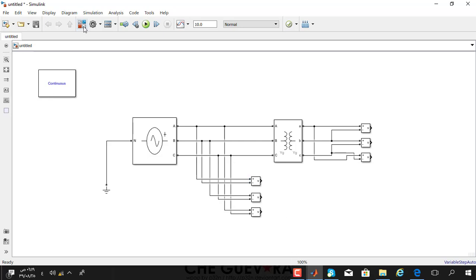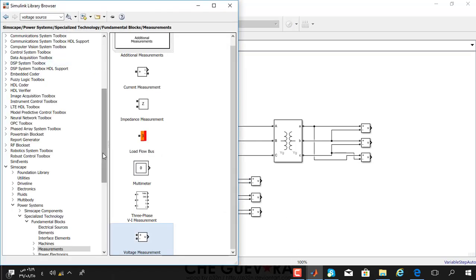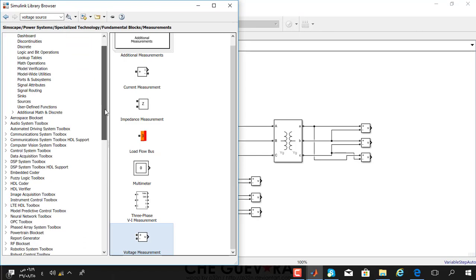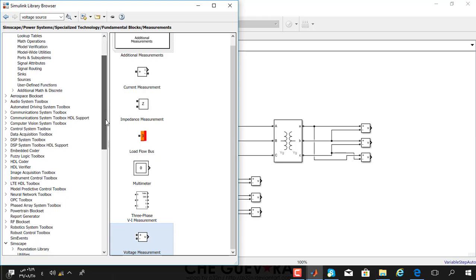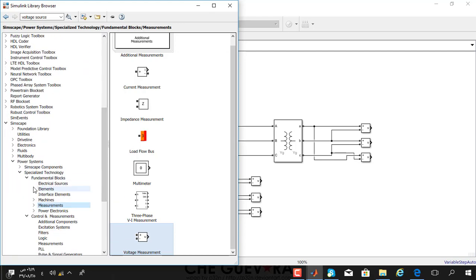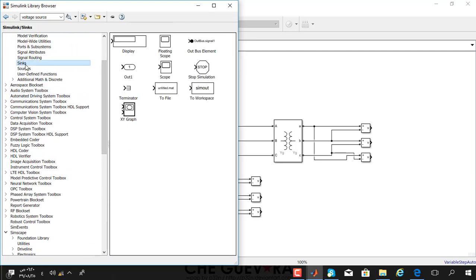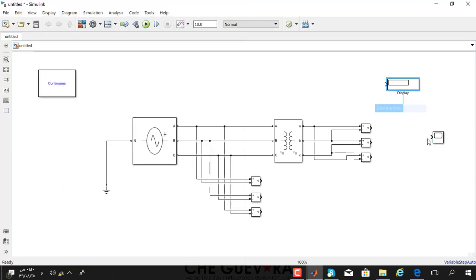Now again the library. From Simulink we go to sinks. Yes, this one. We take the scope and the display screen, which will display the voltage. Let's make it bigger and edit its properties.